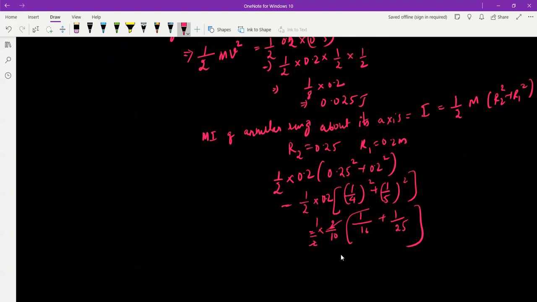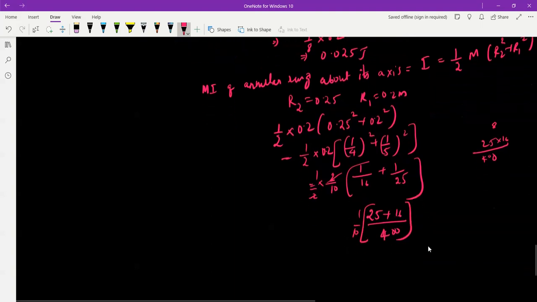If I take the same LCM, 25 plus 16 divided by 16 into 25, which is 25 into 16: 16 fives are 80, 16 twos are 32, so 400. So divided by 400 into 1 by 10.